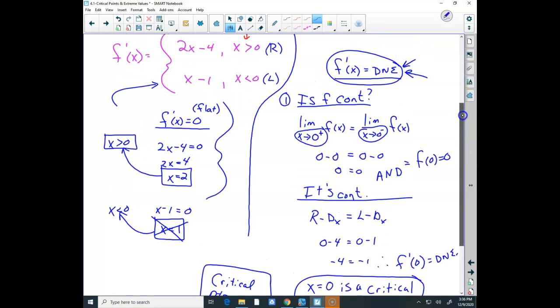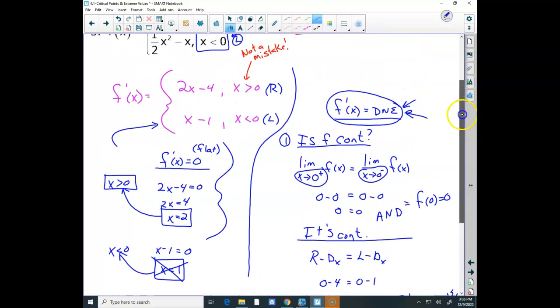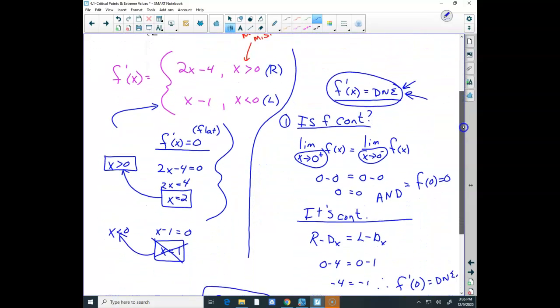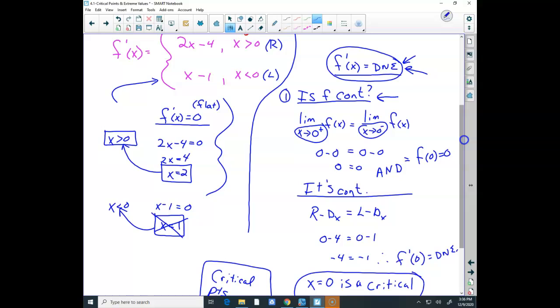Especially when I have two smooth polynomials on each side, I need to know, is it continuous? Because if it's not continuous, the derivative doesn't exist, and it's easy to determine continuity before defining the derivative.